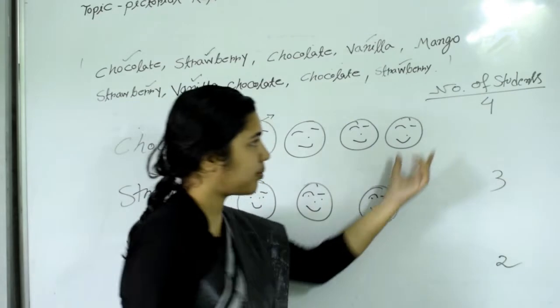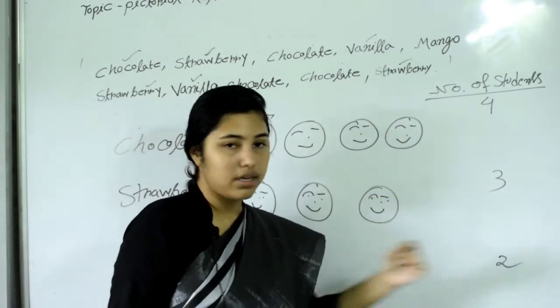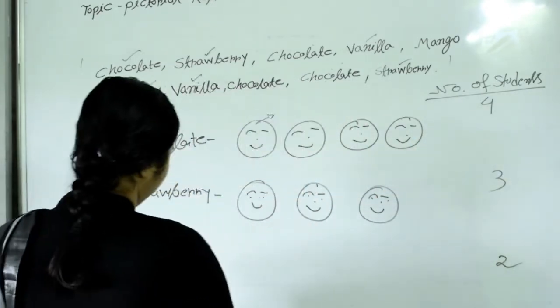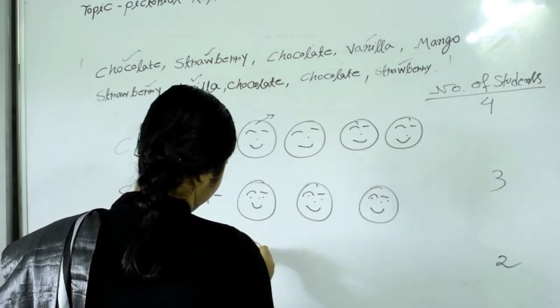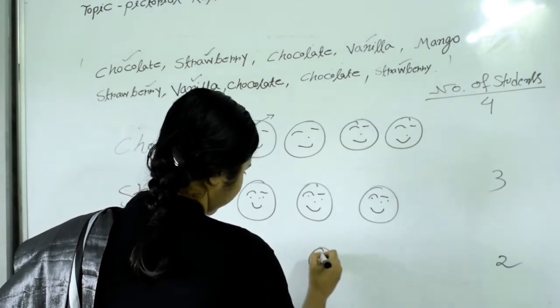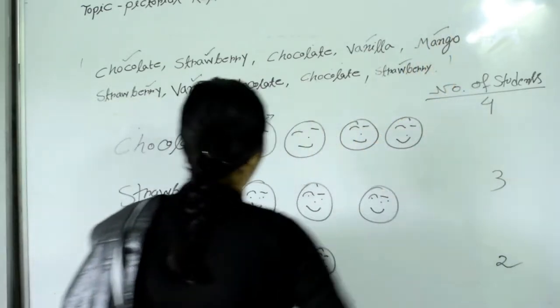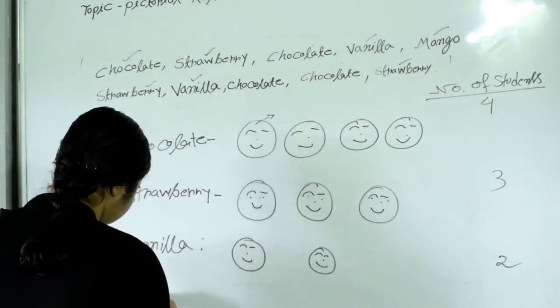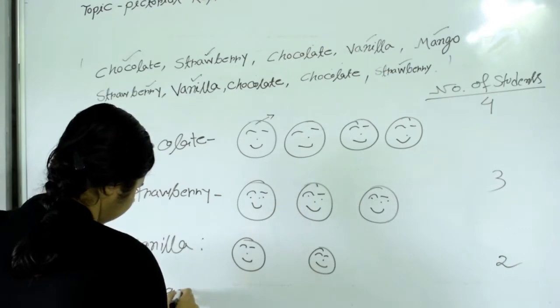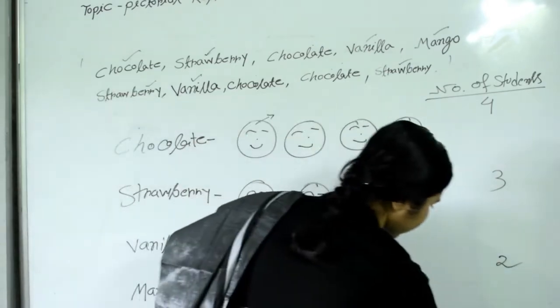So again the number of students is 2. Next mango. Only one student likes mango.